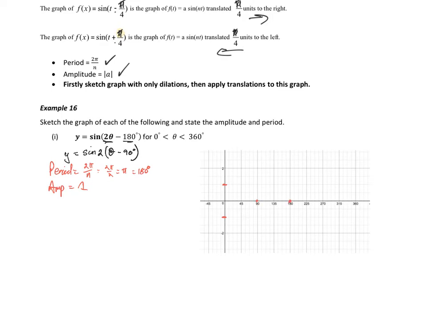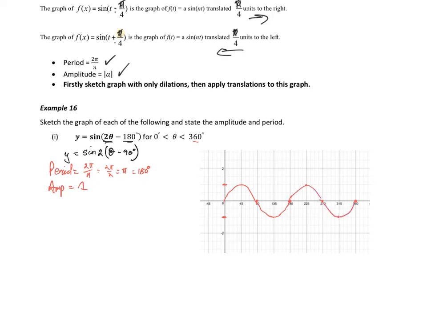It's a sine graph, so I'm going to come up to 90, come down. There's one cycle. We're going to go to 360. It's probably not a bad thing to do both cycles. So there's 360 there, there's my halfway mark there. We can see the maximums are at the key points.